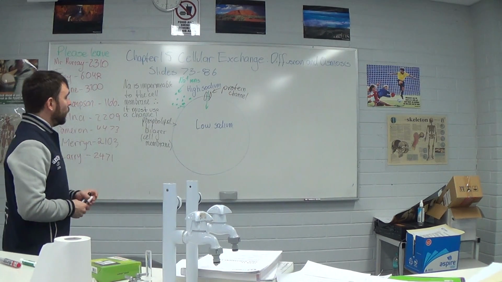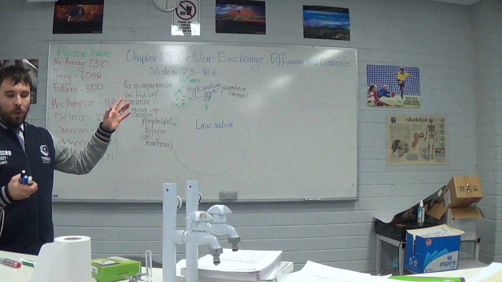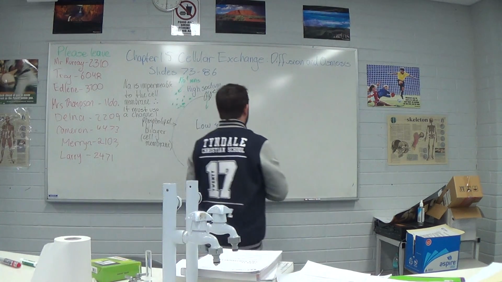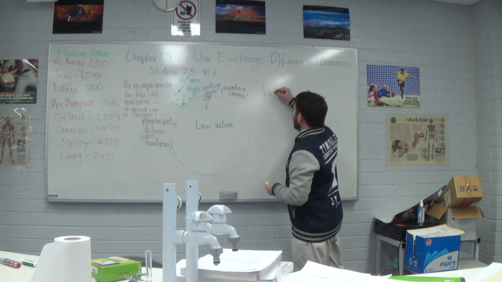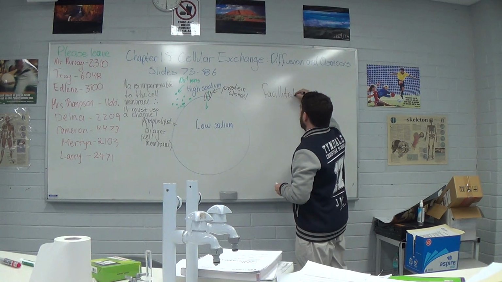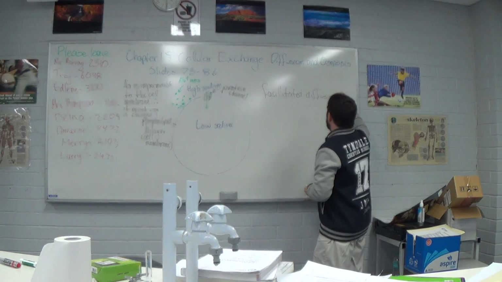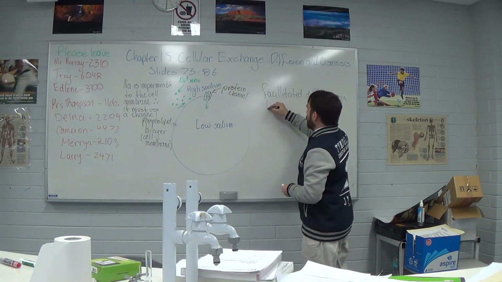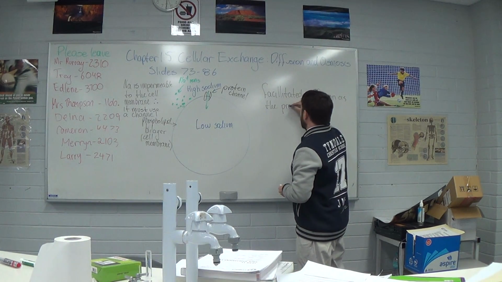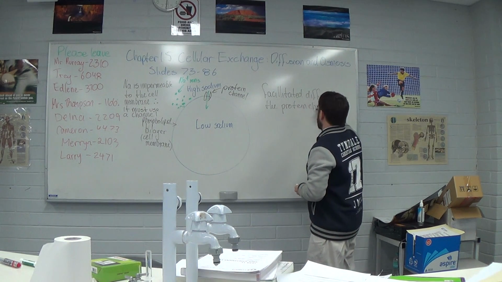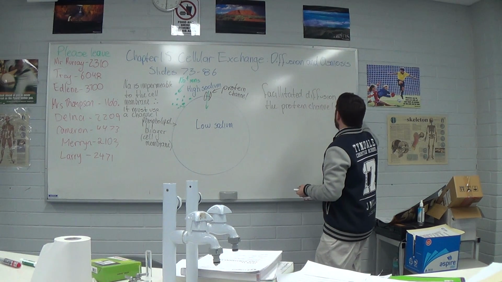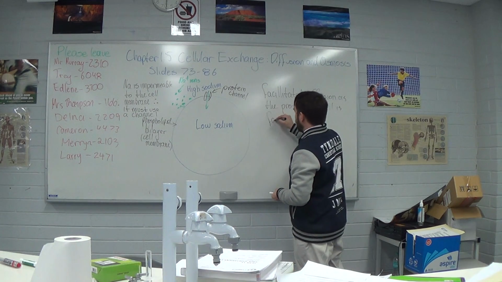But they need to use protein channels. When a substance uses a protein channel, we call it facilitated diffusion. And the reason we call it that is because the protein is facilitating the diffusion.